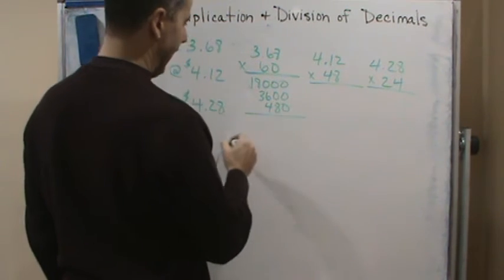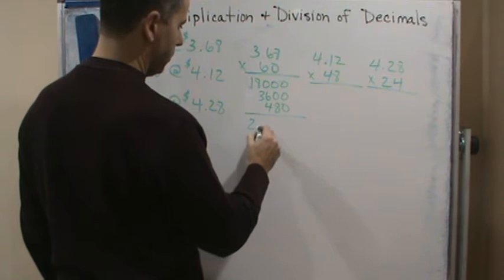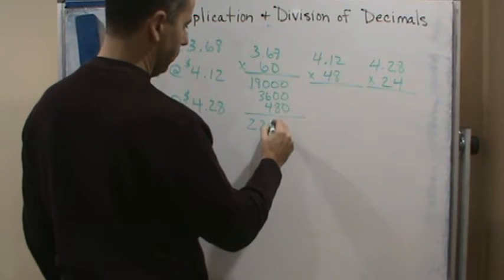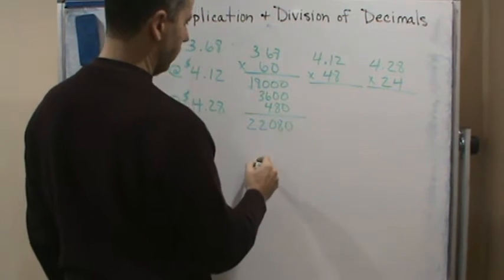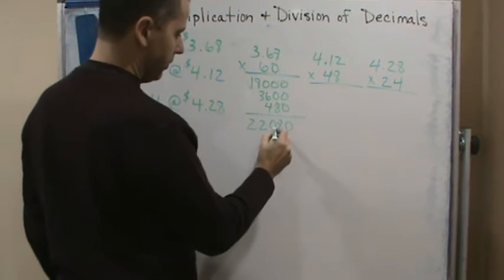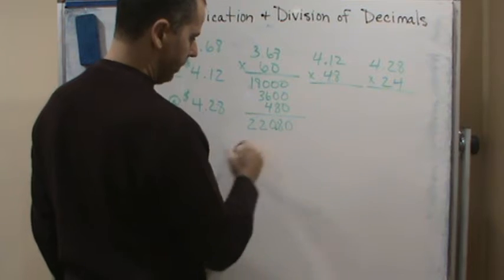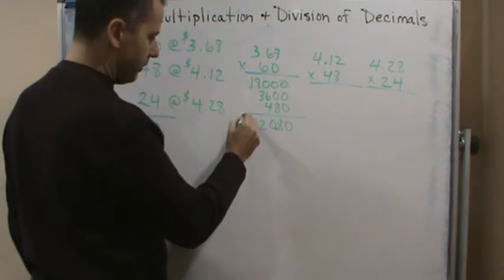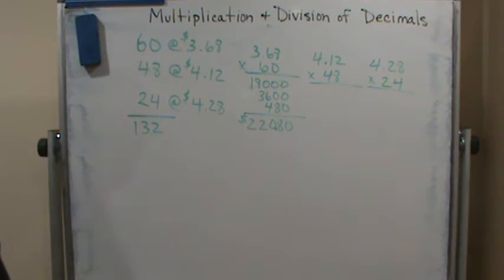And then we're going to add, so this is going to be 22080. Of course we've got two digits to the right, so we're going to put our decimal place right there. That's going to be the total cost for the first order, $220.80.